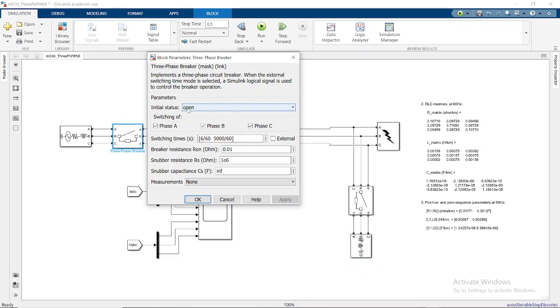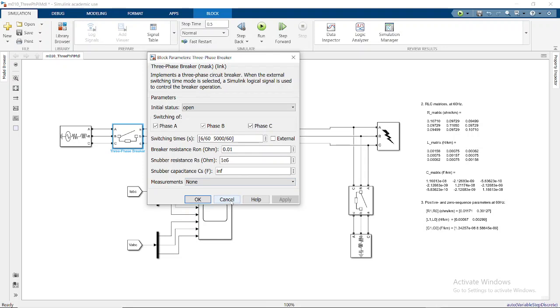The initial condition of the circuit breaker is off, and we are making it on at 6/60 second, that is after 0.1 second, and keeping it on up to a very large time, 5000 by 60, nearly 1000 seconds. That means throughout the simulation we are not making it off again.